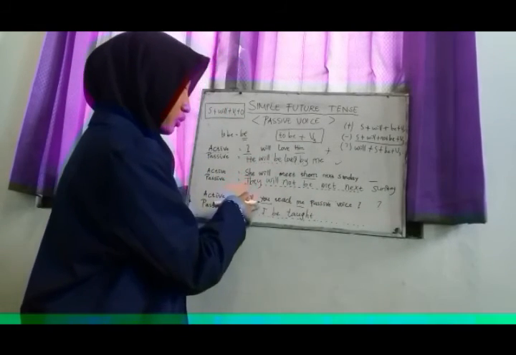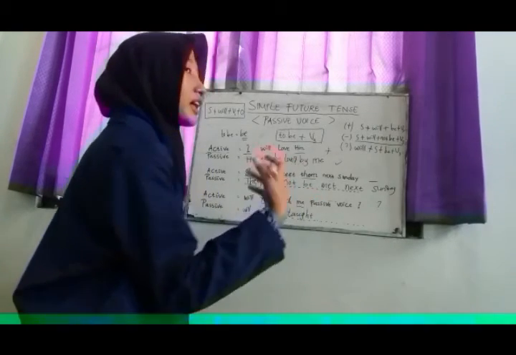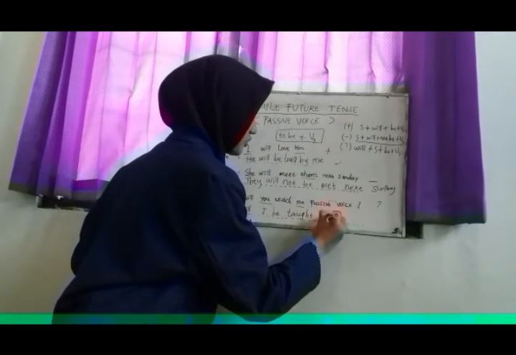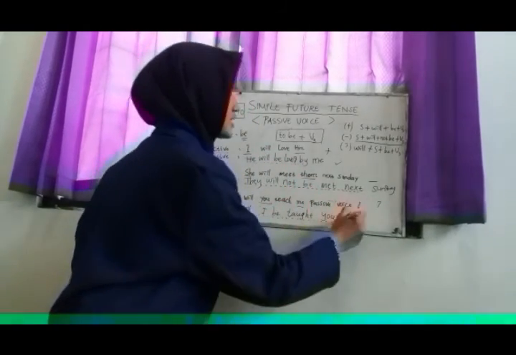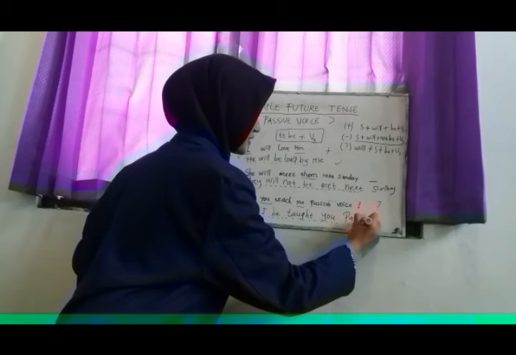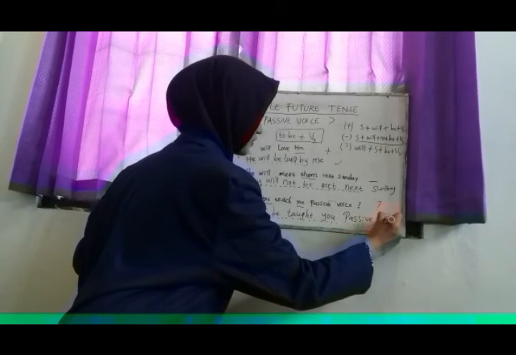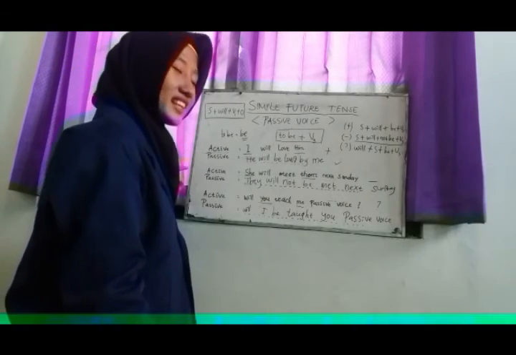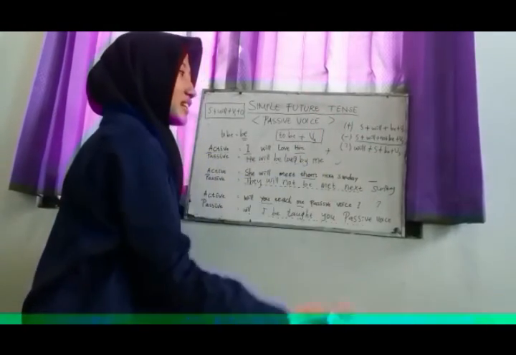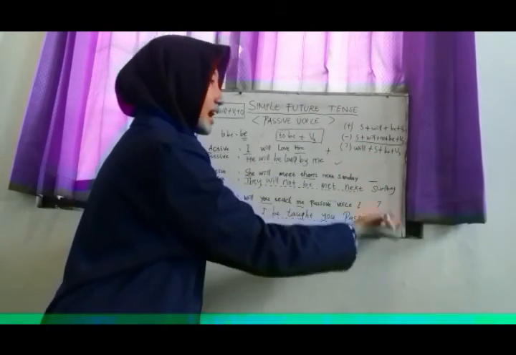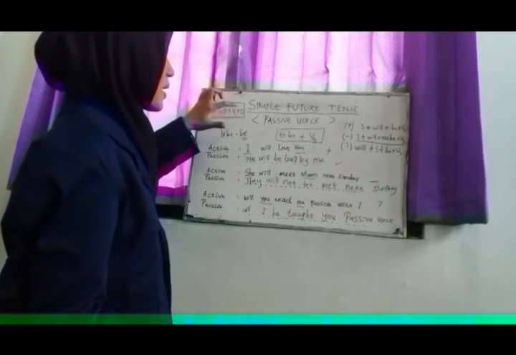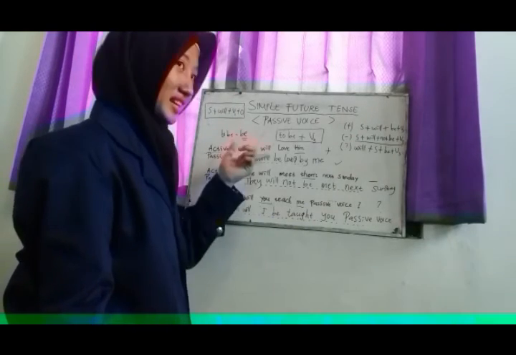And you become the object, still you, and passive voice, still passive voice. That's right. These are the positive sentence, negative sentence, and interrogative sentence in simple future tense, in passive.